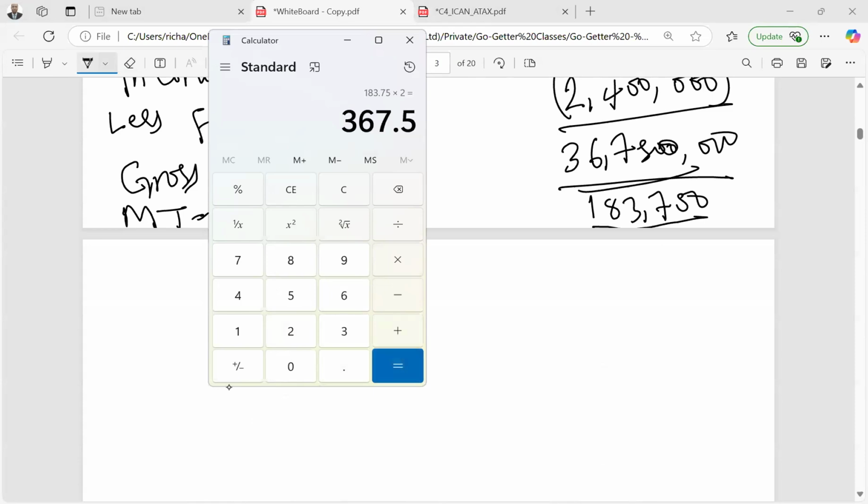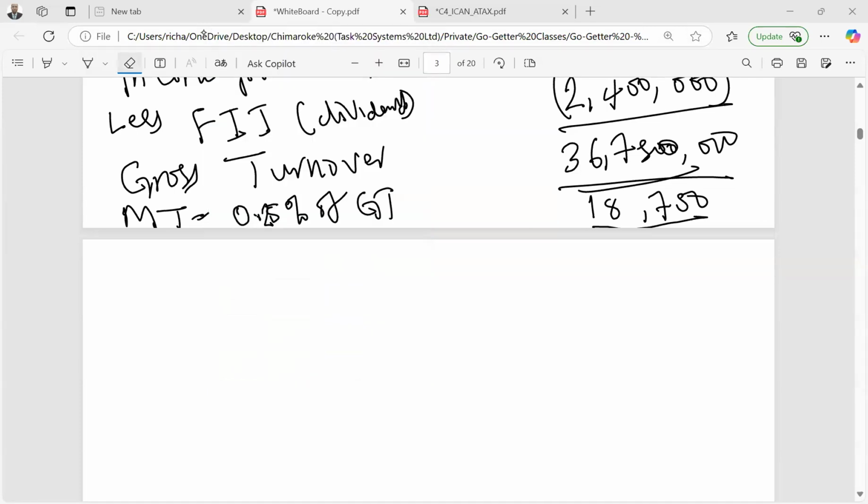I want to times by 2. Let me divide by 4. Okay, so I've gotten 91,875. Some people will be wondering why I went to divide by 4.